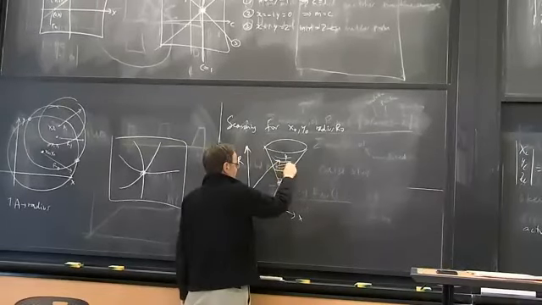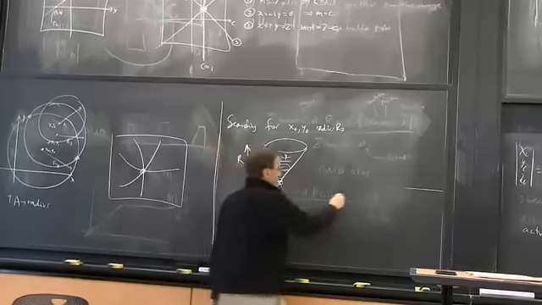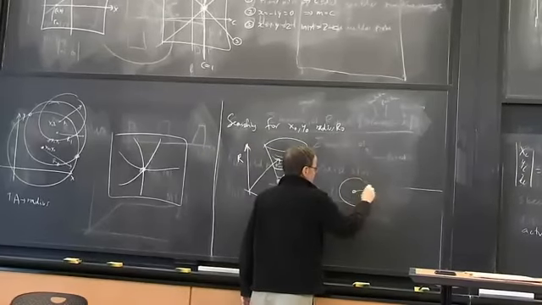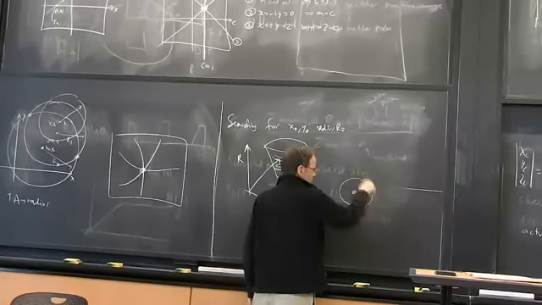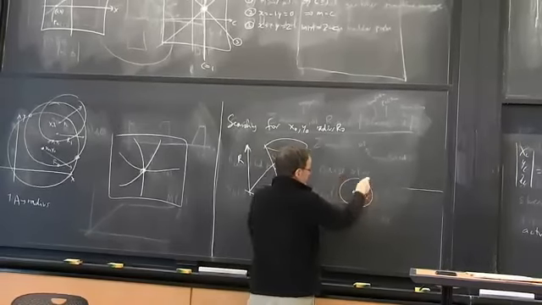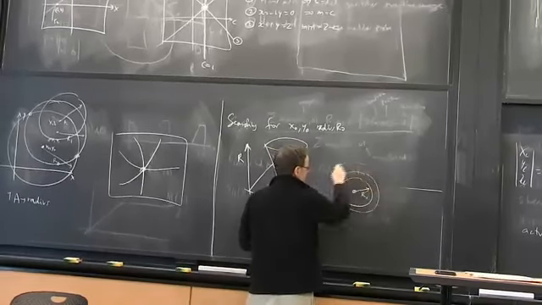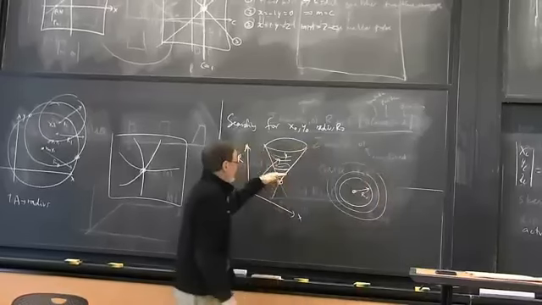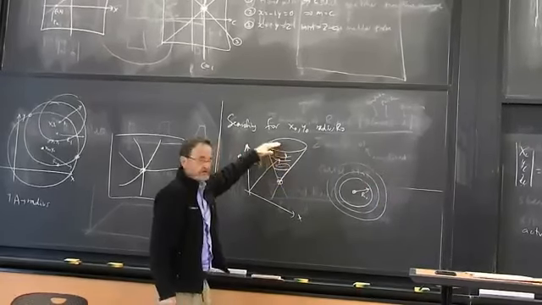So I'm here, and the possible locations are on a circle. And then when I change the radius, I'm going to get larger and larger circles, right? And these are the sections of that.